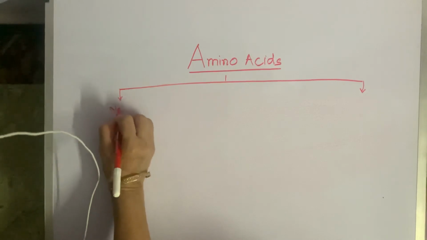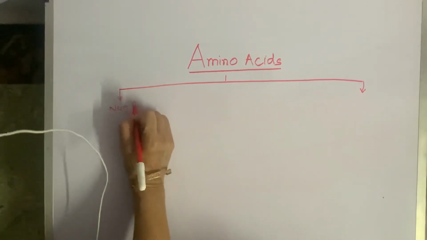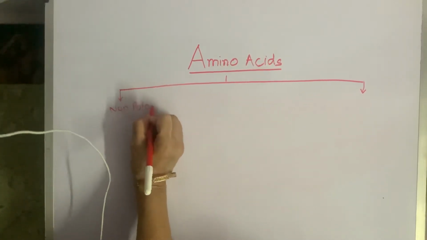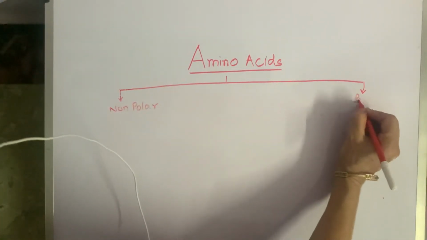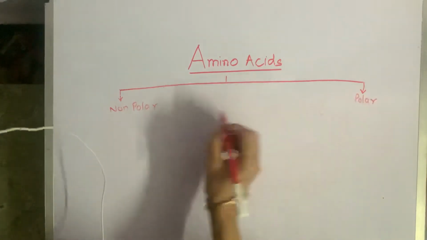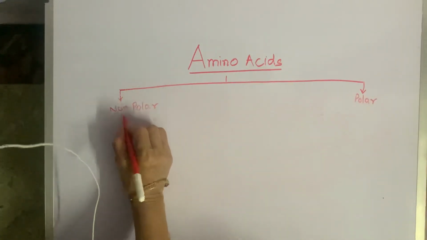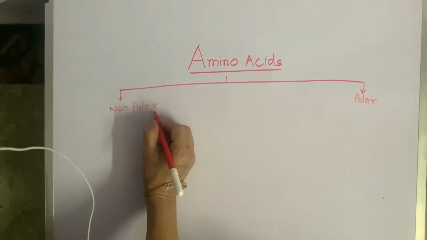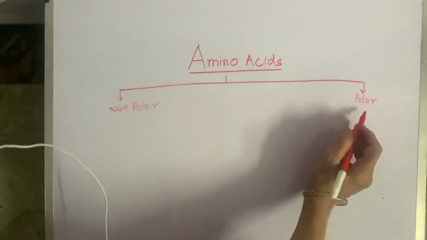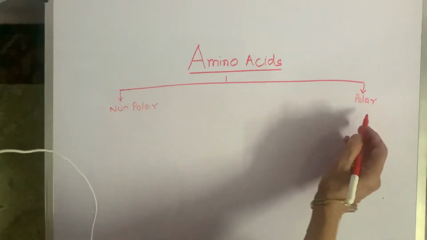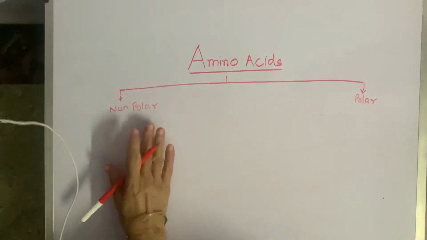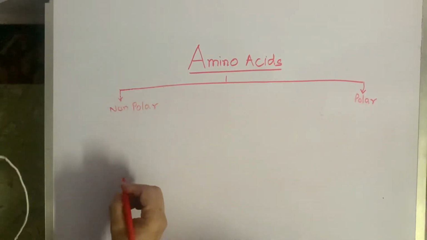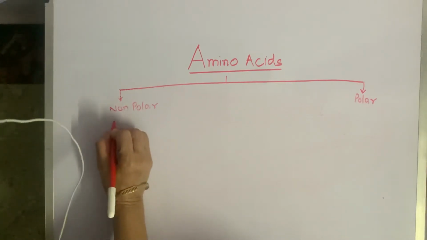One is non-polar and another is polar. Non-polar means a non-polar group is attached to the carbon at the position of R, and polar means a polar group is attached at the position of R. Now, let us see how we remember the names of these.